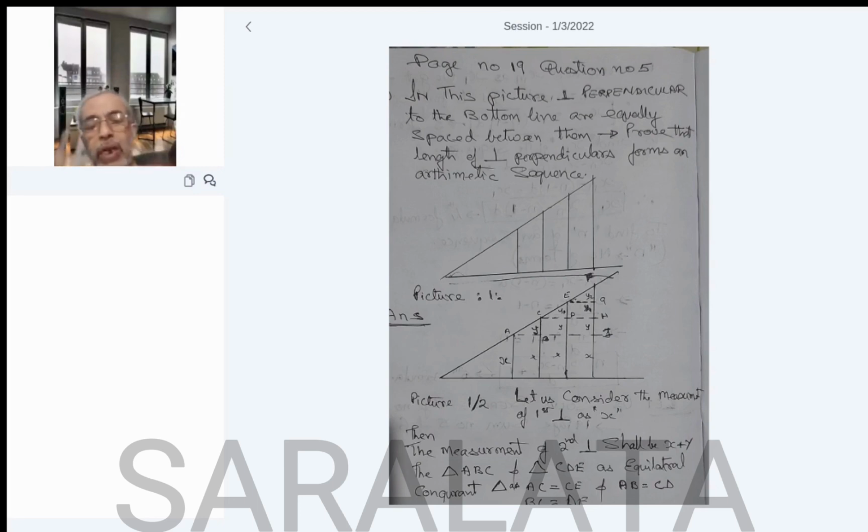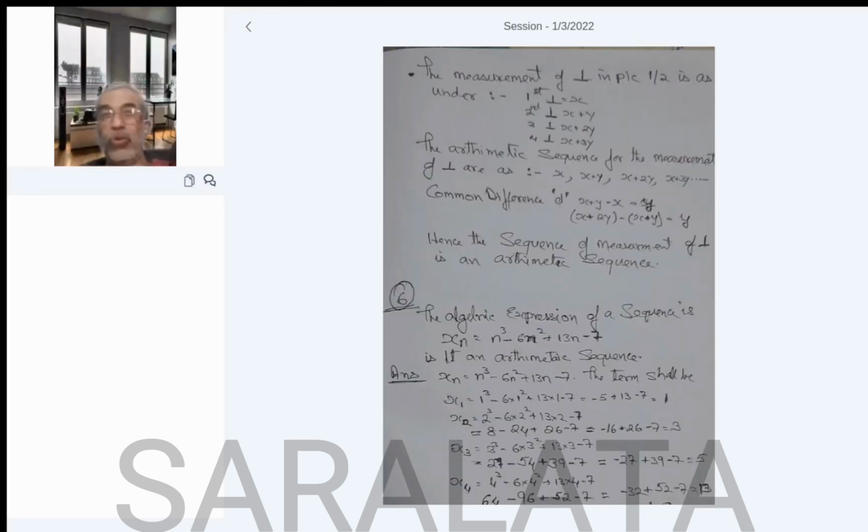The next question, the sixth one, says the algebraic expression of a sequence is xn, which equals n cube minus 6n squared plus 13n minus 7.